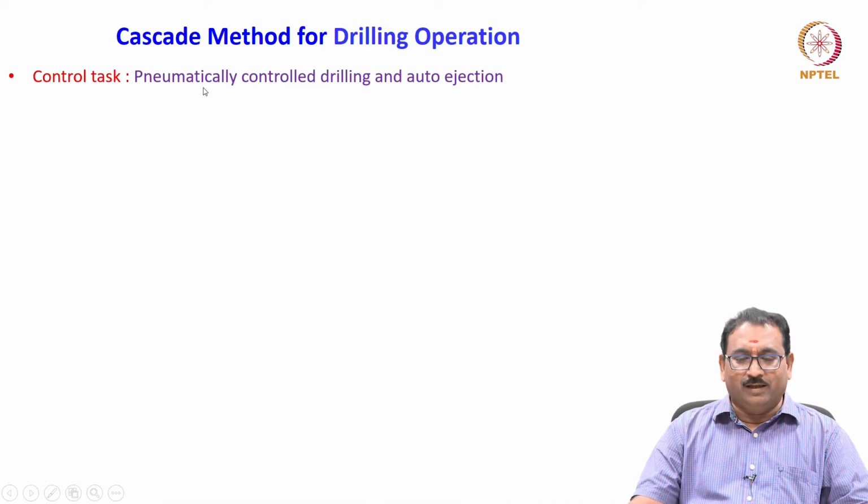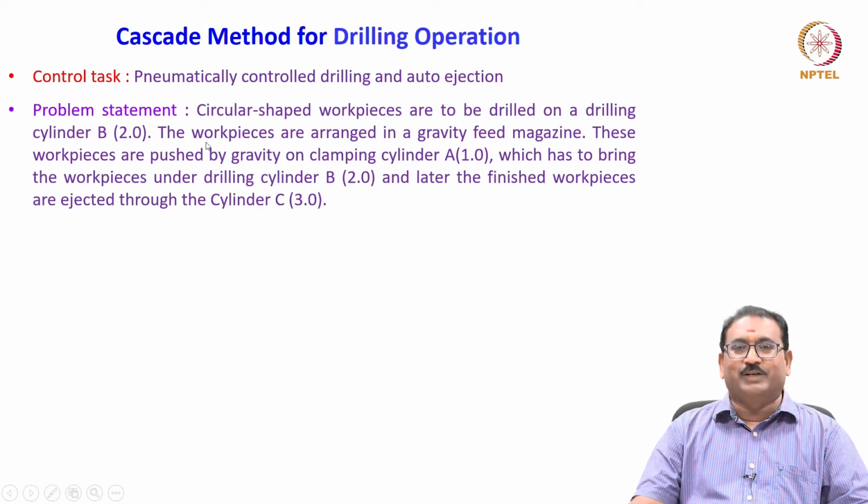The control task is pneumatically controlled drilling and auto ejection of the workpieces. The problem statement is like this: circular shaped workpieces are to be drilled by a drilling cylinder B 2.0. The workpieces are arranged in a gravity feed magazine.